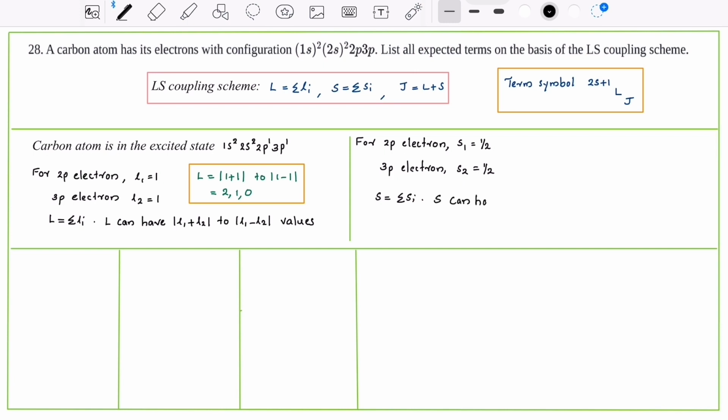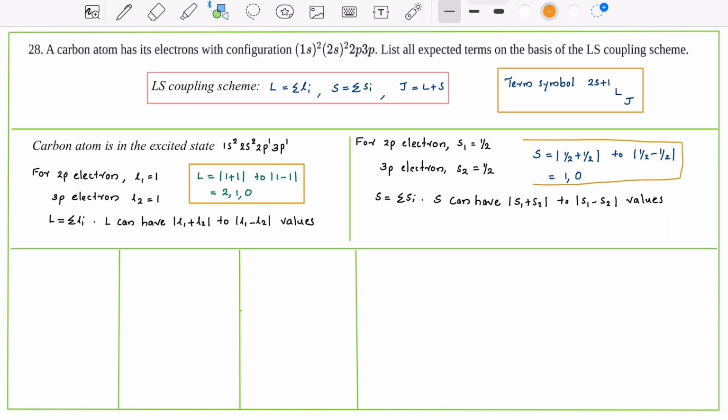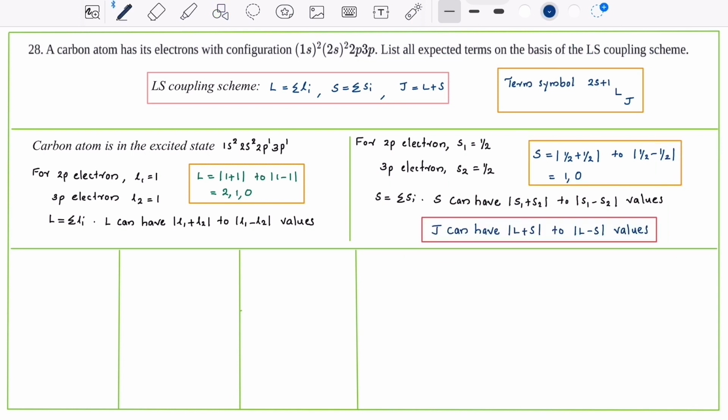Now this S can have the values from modulus of S1 plus S2 to modulus of S1 minus S2, and we can say that capital S is equal to modulus of 1 by 2 plus 1 by 2 to modulus of 1 by 2 minus 1 by 2. That is, capital S can have the value 1 and 0. That is, the spin of the carbon atom is 1 and 0.